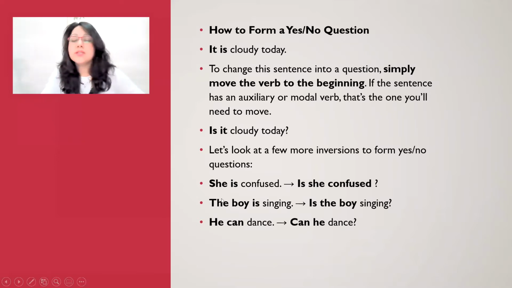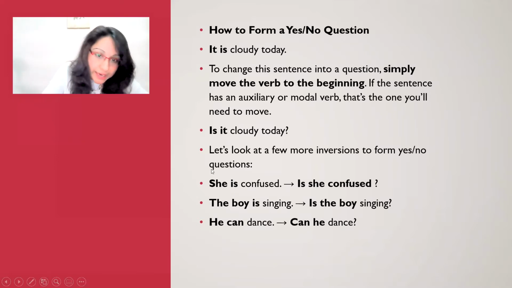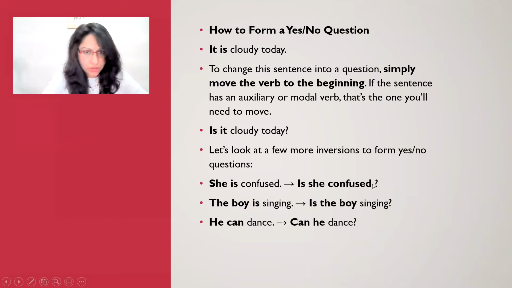So again, more conversions. When you say she is confused, move it to the start and you say, is she confused? The boy is singing. Is the boy singing? All right, so you will bring your auxiliary or your verb to be at the start. He can dance. Then again, move your modal to the start and say, can he dance?